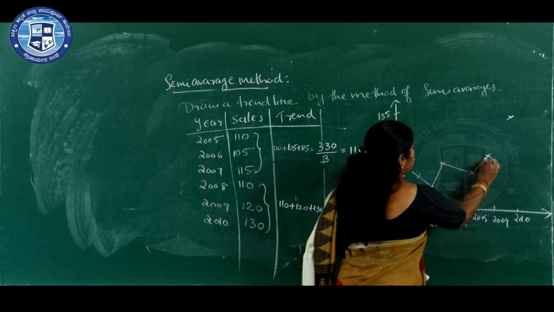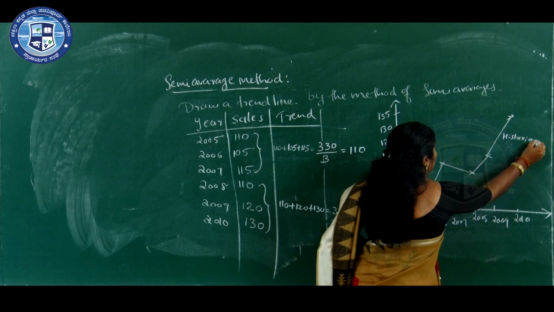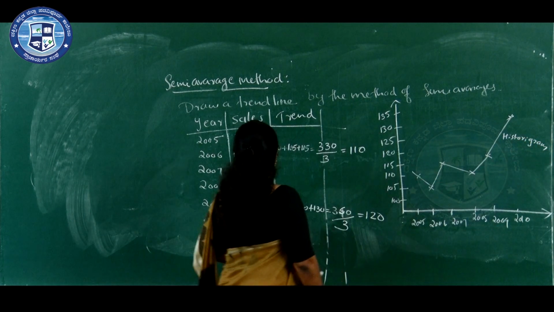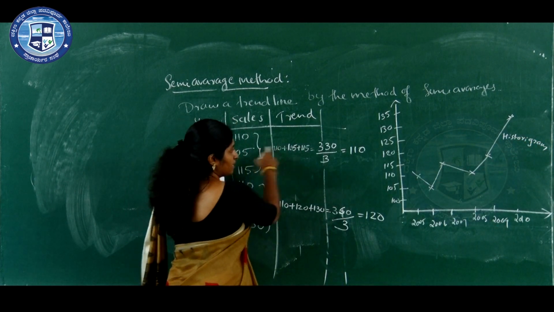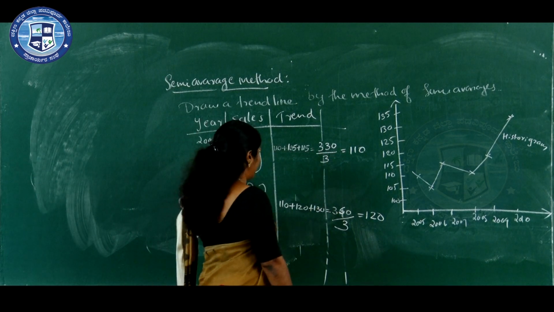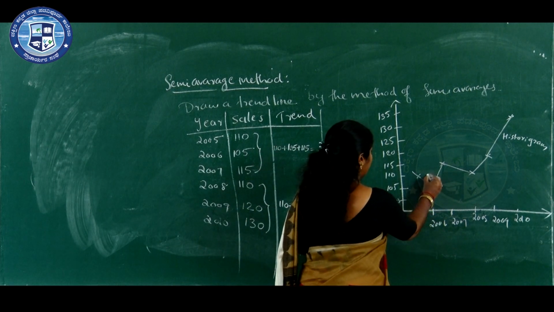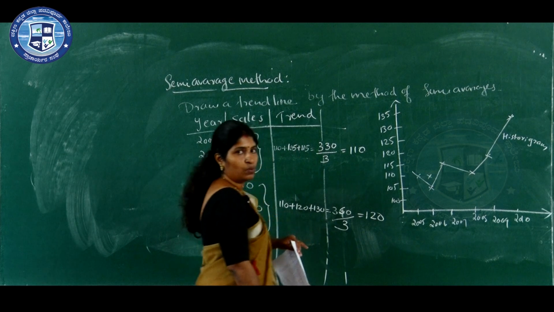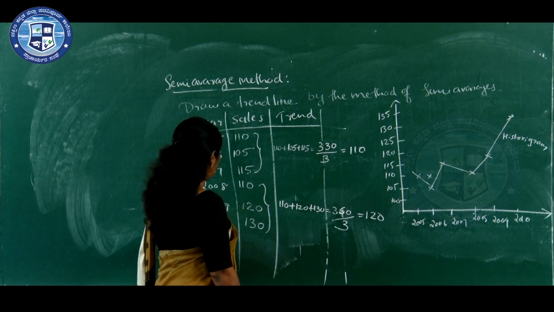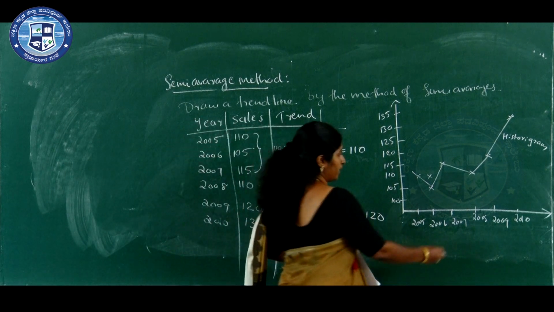So we will get the histogram here. Next you have to mark 2006 corresponding 110 for the trend line, and 2009 corresponding value 120.